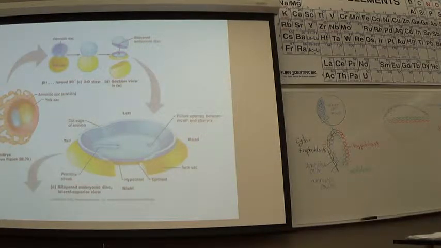Now it's still attached up here, but then as the embryo curves, makes the fetal curve, that sac moves down the front and up the front to meet at the umbilical cord again.